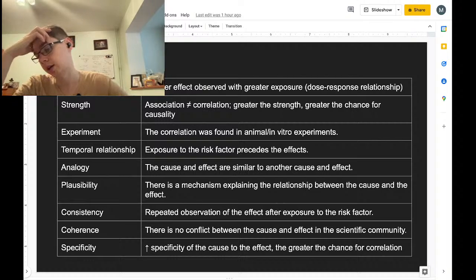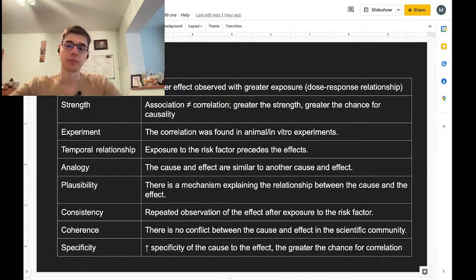Okay, Dr. Deepak and Parth, do you have any questions on these criteria?